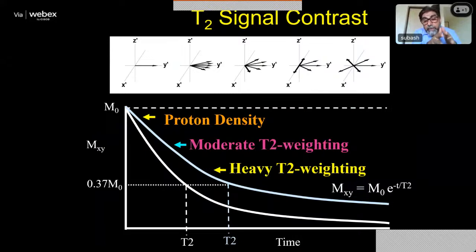At this moment, I just want to tell you how, when two tissues have different T2 relaxation times, their exponential curves will look, and how their contrast can be adjusted by adjusting the acquisition parameters.